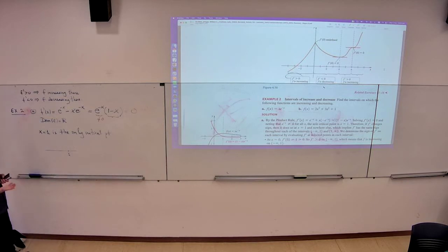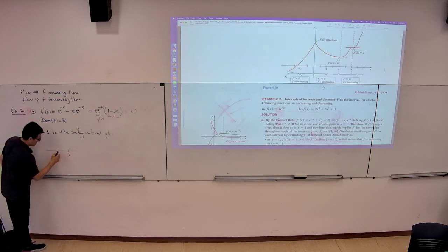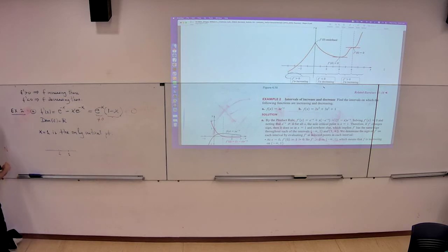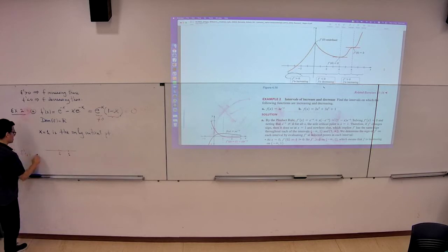Okay? So what you can do here is pick one element, say x equals 2, and evaluate f prime at x equal 2. Alright? So note that f prime of 2, what's the value of f prime of 2? It's the exponential of negative 2 times 1 minus 2, so this is minus the exponential of negative 2, and this is negative.